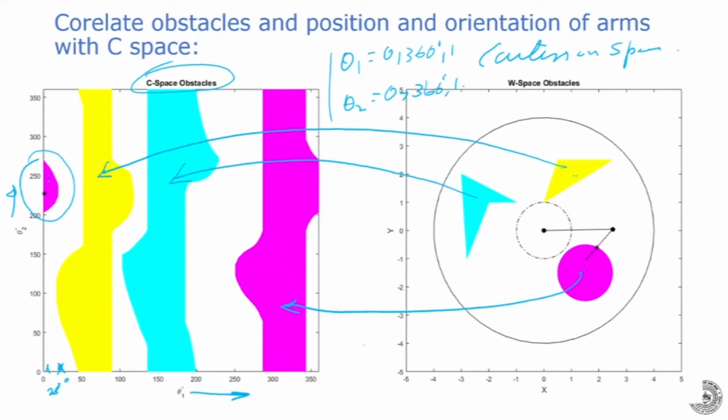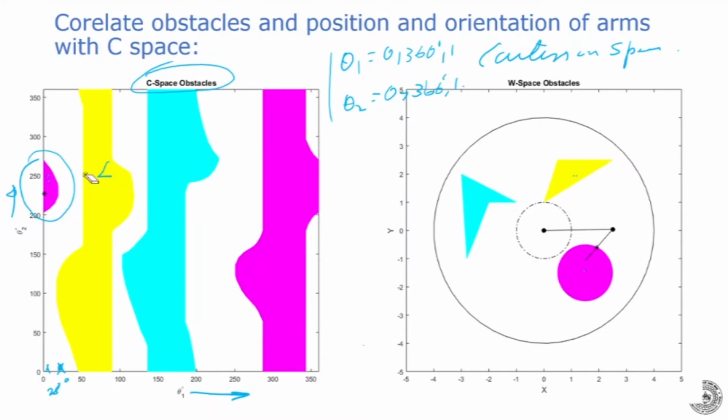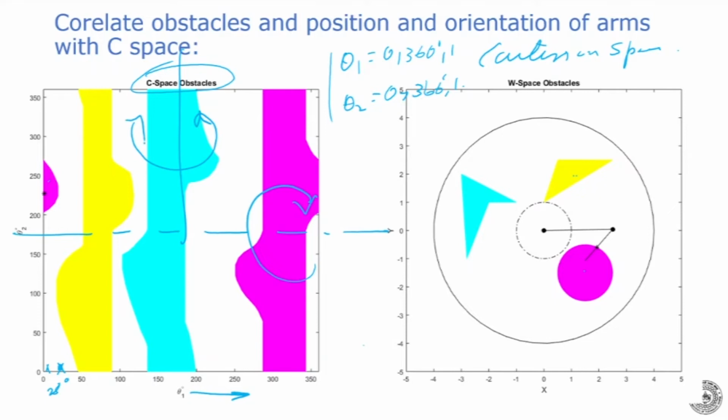Now if you can imagine, what actually happened is that it actually formed a torus, and then we cut the torus and opened it up. That's how we are getting the C space like this, okay. So if I were to join it now, let us go here and imagine this. Suppose I roll it about this axis, I roll it like this, you'll get a cylinder, and then I roll it like this again, you'll get a torus, okay.